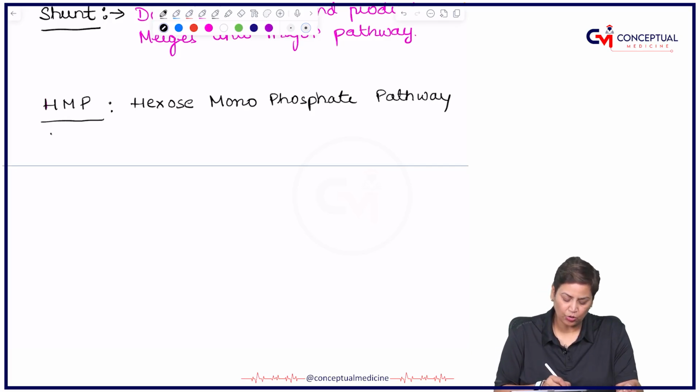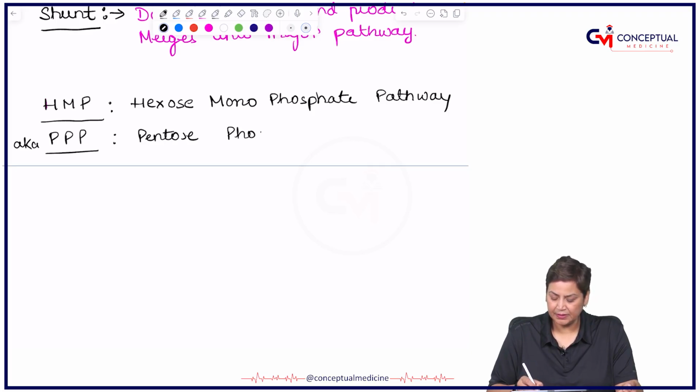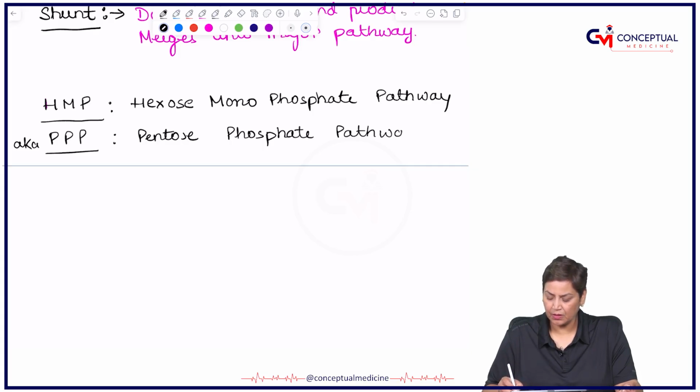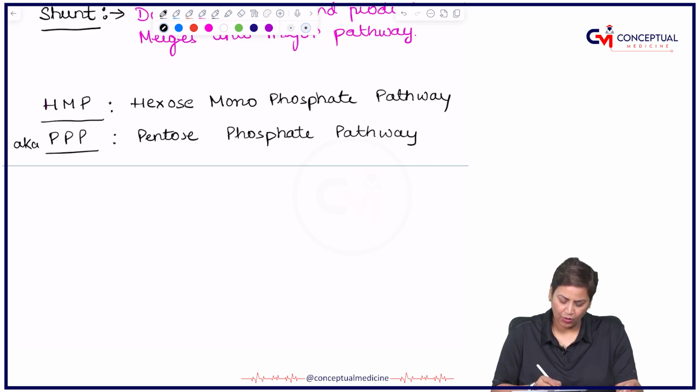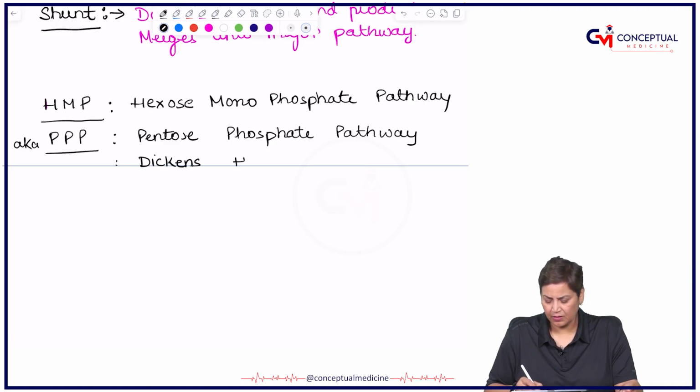Then it is also known as PPP, the pentose phosphate pathway. And it is also known as the Dickens-Horecker pathway, as it was discovered by them.